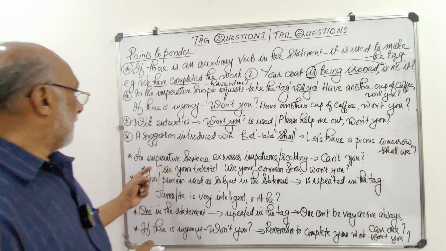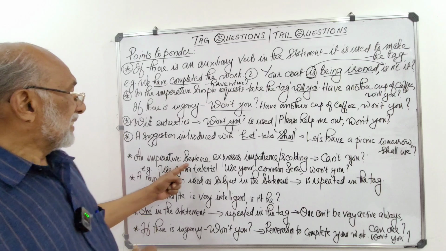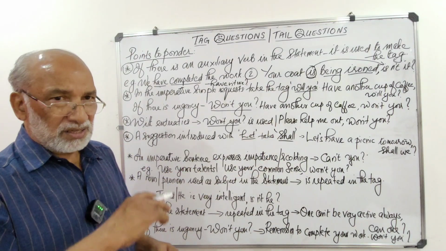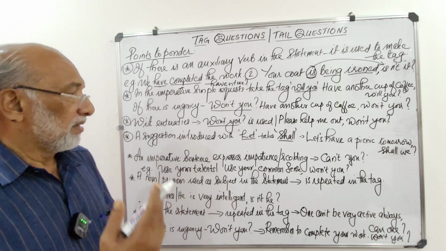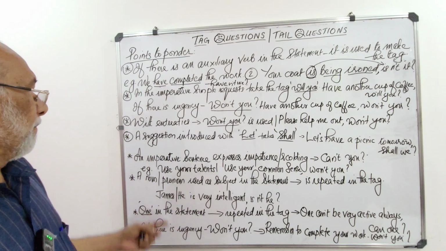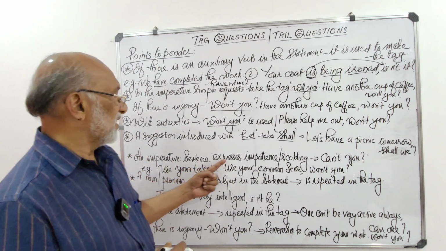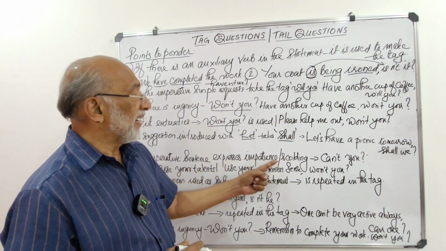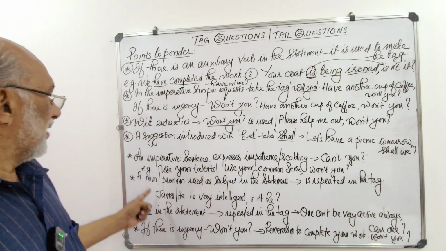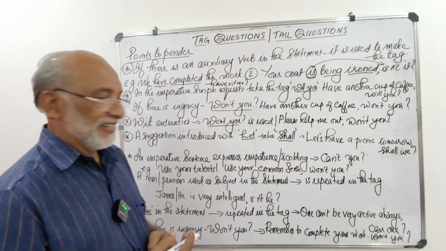Then, an imperative sentence expresses impatience, or you express a scolding. Okay, you want to scold somebody, rebuke somebody. Then an imperative sentence expressing impatience or scolding, can't you is used. Example, use your talents.